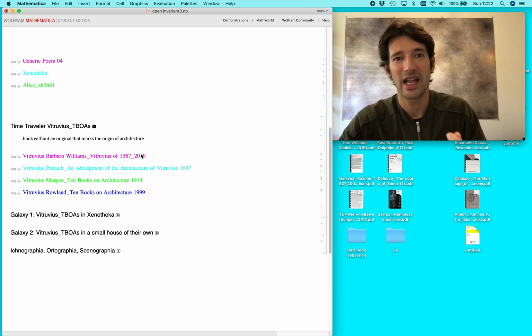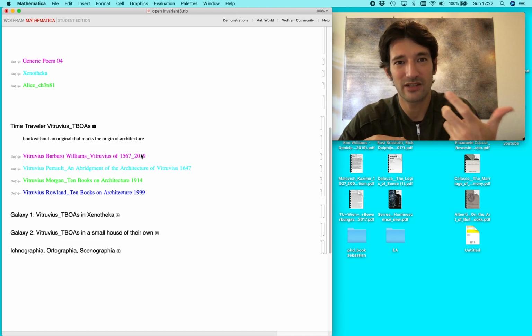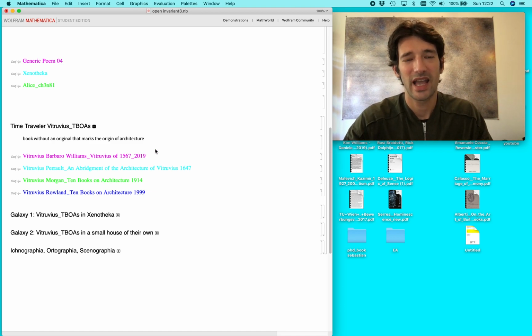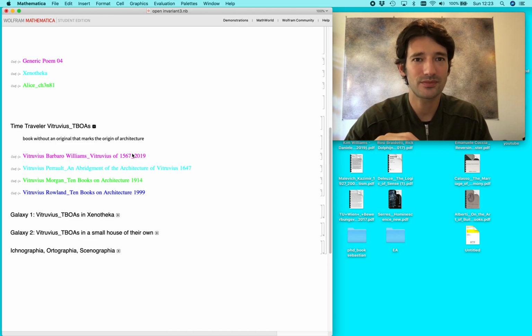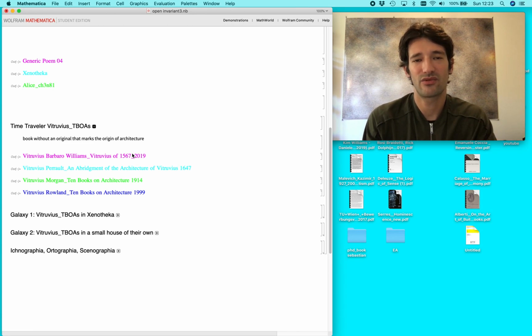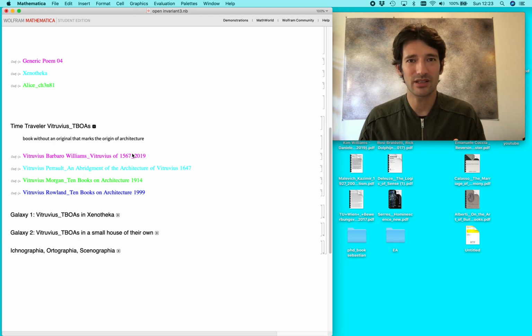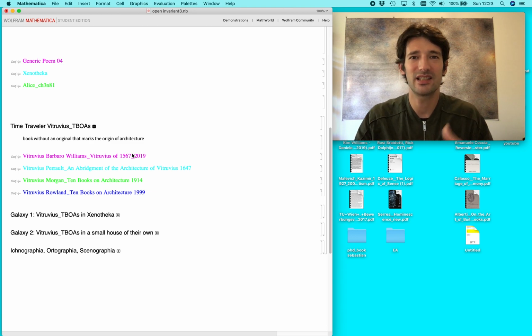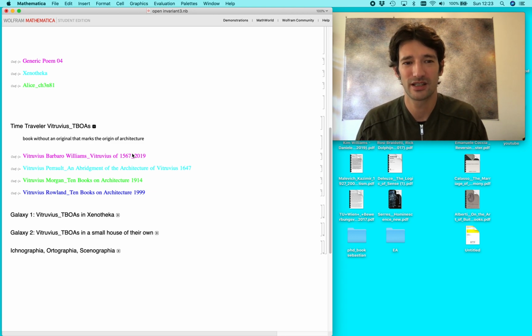And all these translations of Vitruvius, as with many other ancient texts, were preserved in the Middle Ages from one of the famous libraries of Charles the Great from the 9th century. So then we have this 9th century copy of the lost original from the 2nd century, and this is the oldest version of the lost origin of architecture.